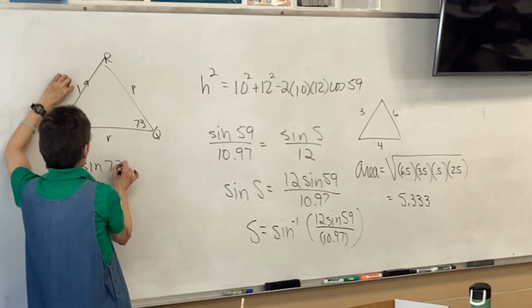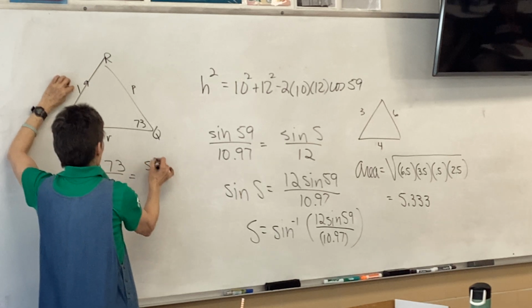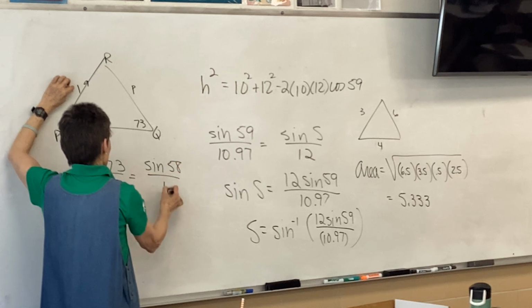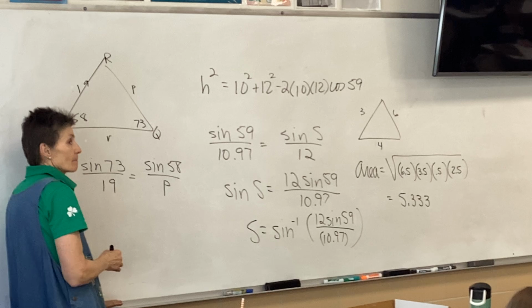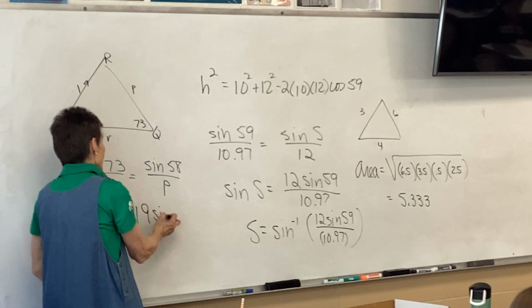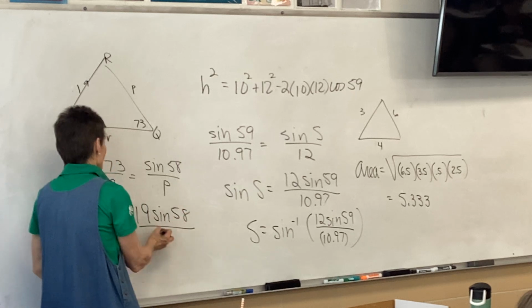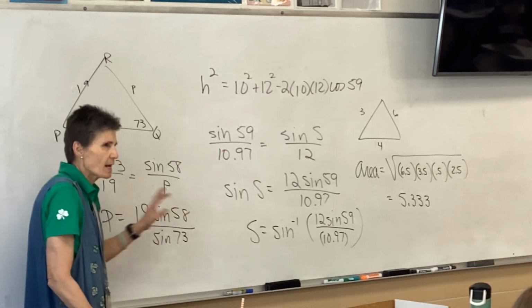Sine 73 over 19 equals sine 58 over P. All right, we can do that. So P equals 19 sine 58 over sine 73. Am I gonna have to do that whole second sine thing?